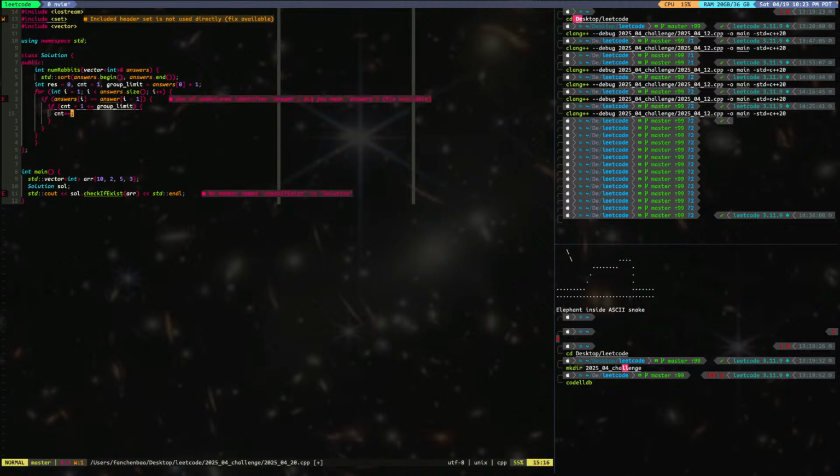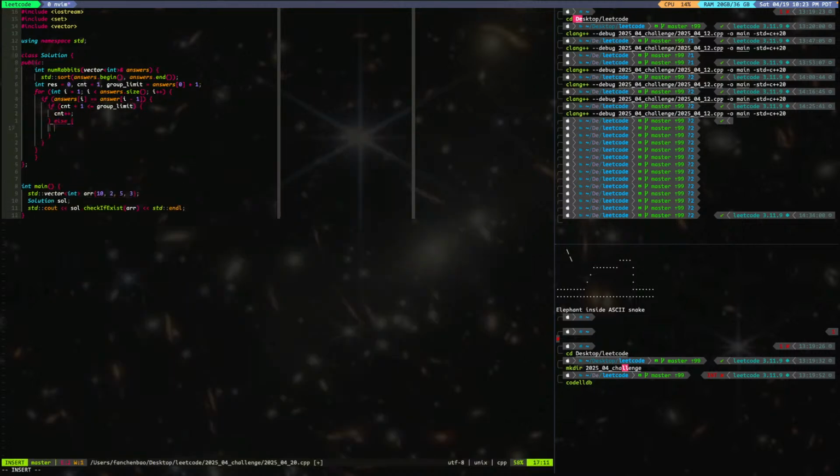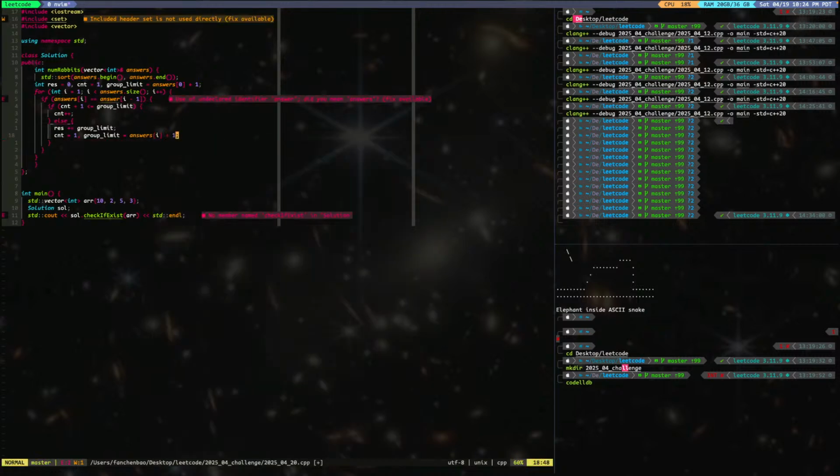Yeah, we don't need anything else. If count plus 1 is larger than group limit, then we need to reset the count, with res plus equal to group limit, and count reset and group limit reset. What else?